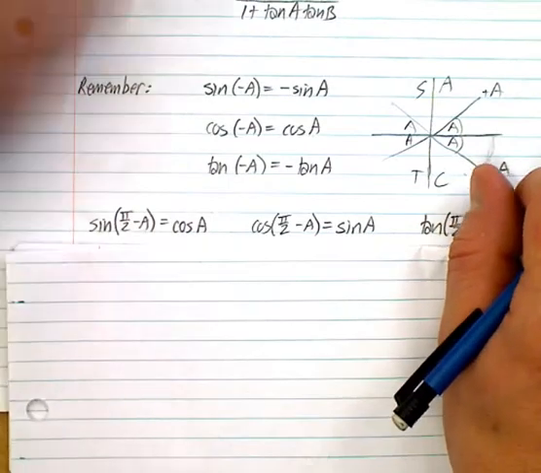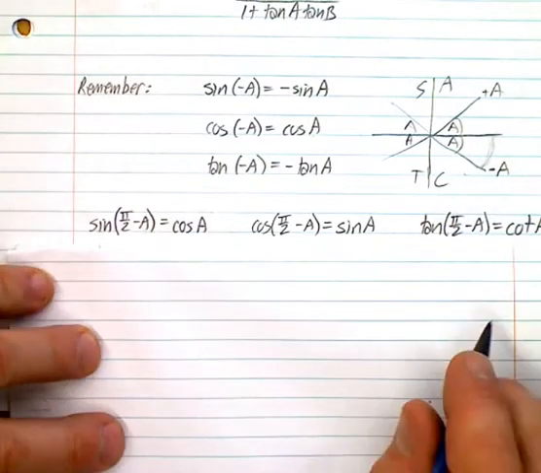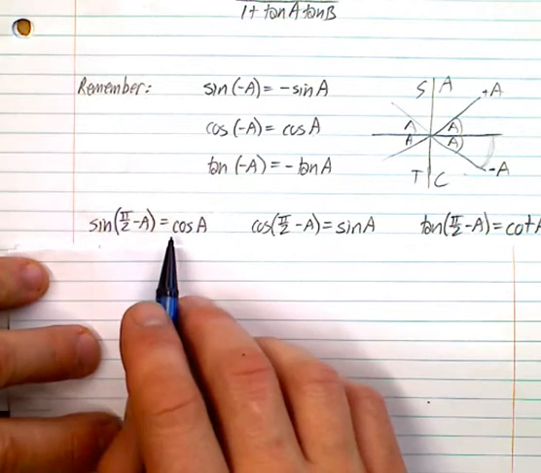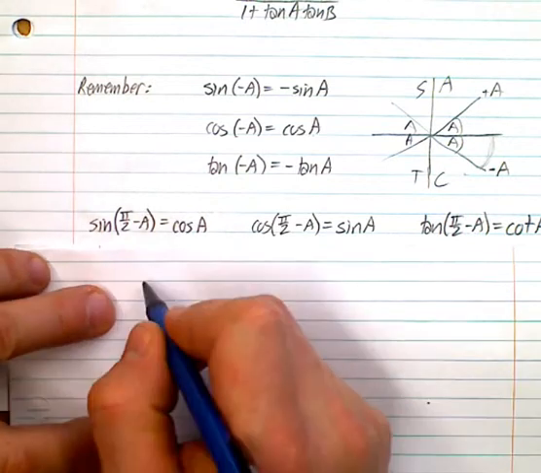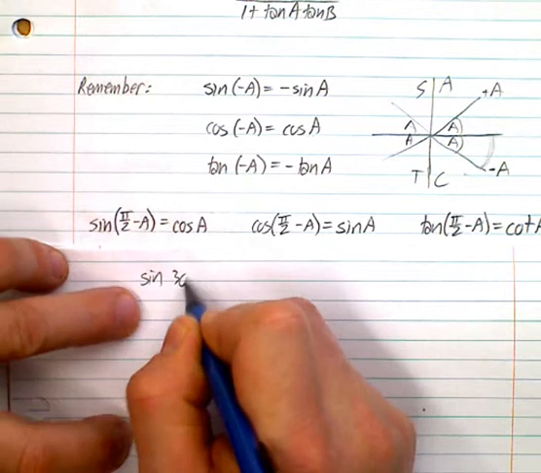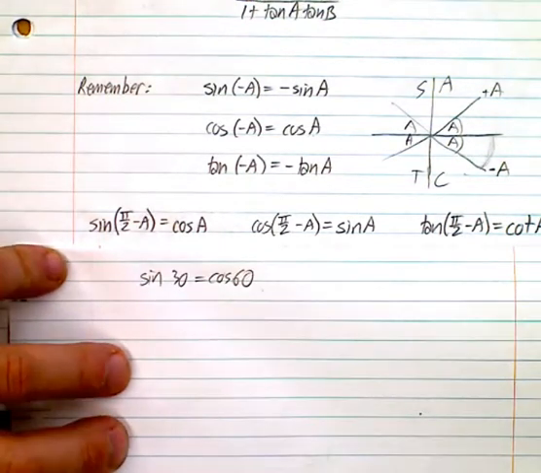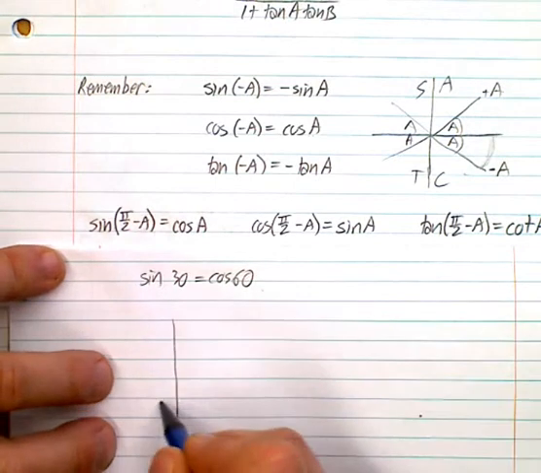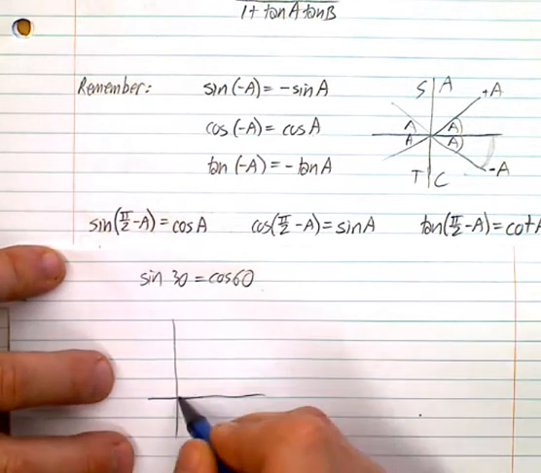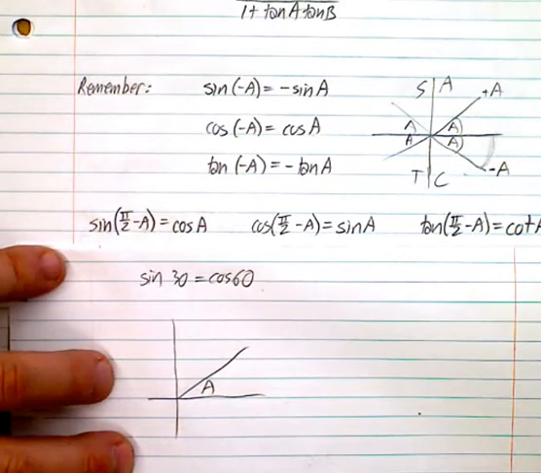Now, the other thing is this. Let's look at these first of all. So what they're saying is that they're complements of each other. What this basically is saying is that sine of 30 is equal to cos of 60. Okay? And it's because there is some symmetry here, right? So if you look at this as being angle A, say, right?